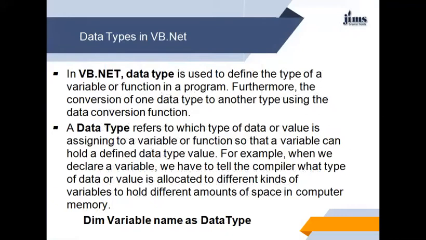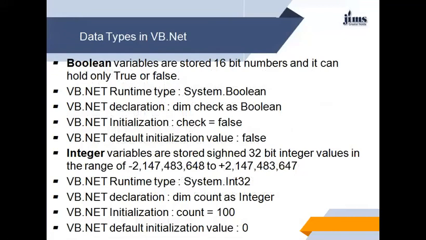Now let's see, here we have written Dim variable name As data type. There are different data types in VB.NET. Let's first see Boolean, Integer, String, and so on. Boolean variables are stored as 16-bit numbers or 2 bytes, and can hold only True or False.